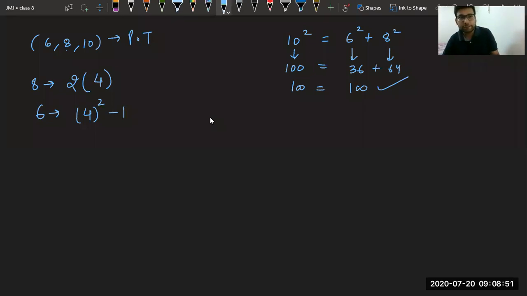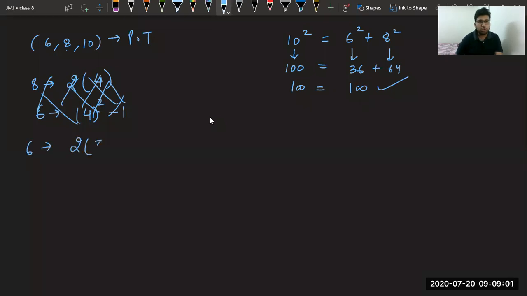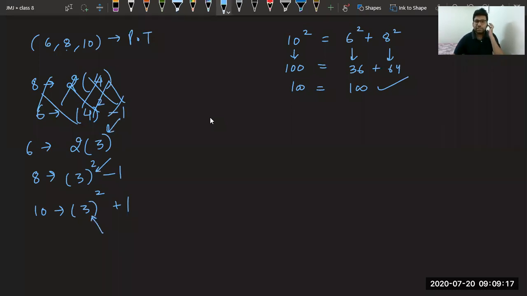Okay, I have to take this one, sorry. I can write this 6 as 2 into 3. I can write 8 as 3 squared minus 1. I can write 10 as 3 squared plus 1. So I have found that this 3 is the link. Or you can say it is 2m, or m squared minus 1, or m squared plus 1.